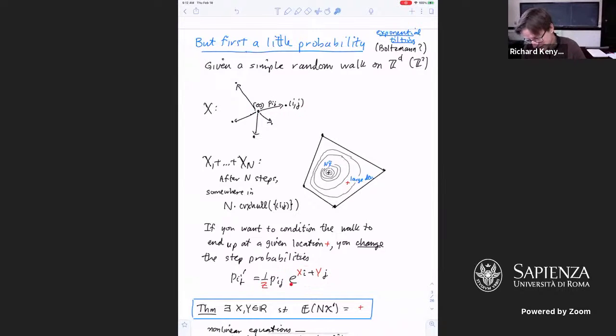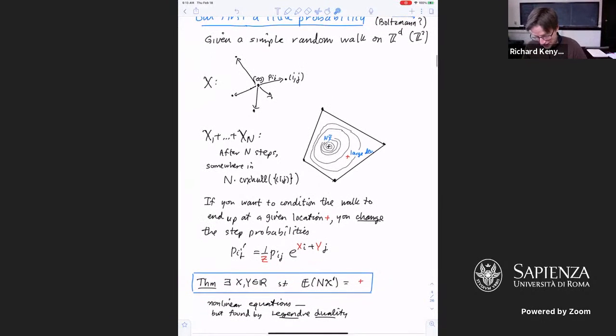You multiply this by this function e^(Xi+Yj), a function which depends only on i and j with these constants, capital X and capital Y. And then of course you have to rescale everything by a constant so that the sum of the probabilities is still 1. Right, so I'm just taking my standard random walk probabilities and multiplying them by an exponential tilt, if you like. That's what the tilt is for.